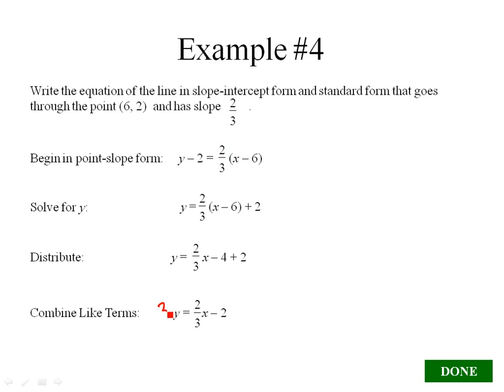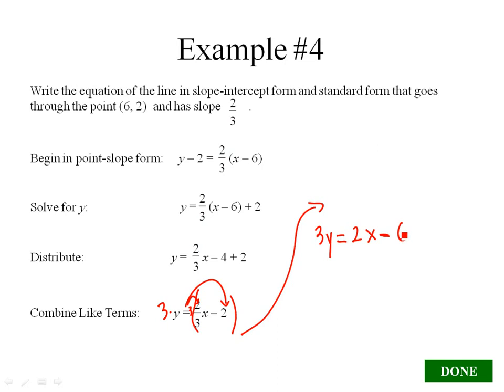So I multiply both sides by 3. When we multiply both sides by 3, we get 3y equals, what is 3 times 2/3? Notice that the 3's will cancel out, and you have 2x, and what's 3 times 2 here? We have a minus already, 6.